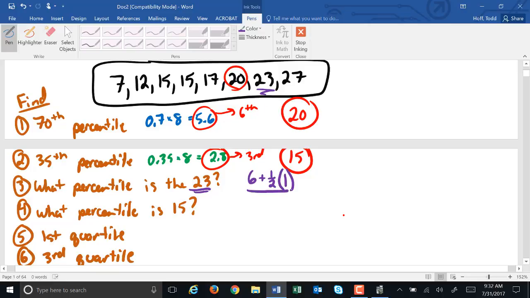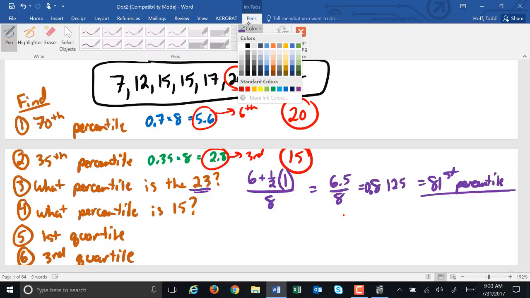And that's going to be divided by n, which is 8. So this is 6.5 over 8, which is 0.8125, which is the 81st percentile. Any questions on that one?